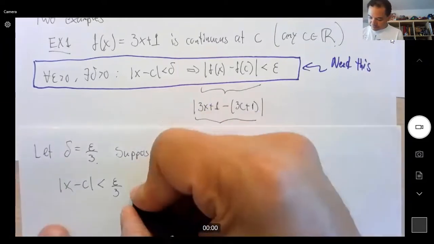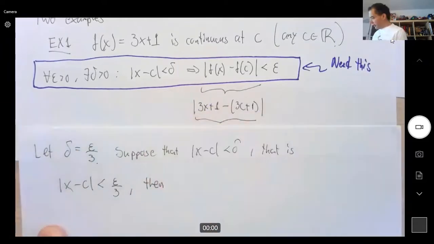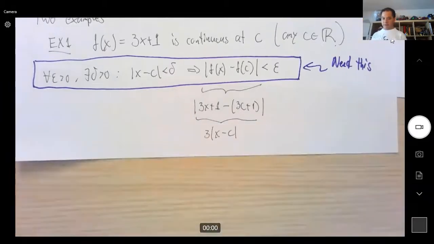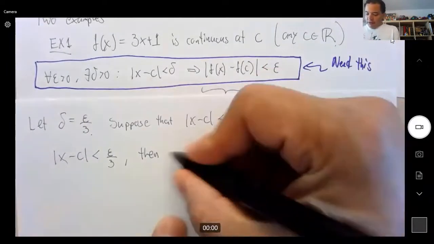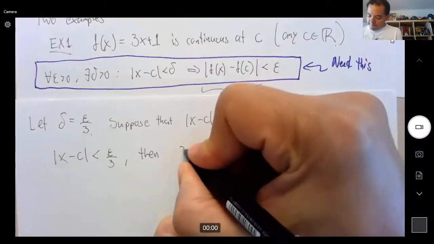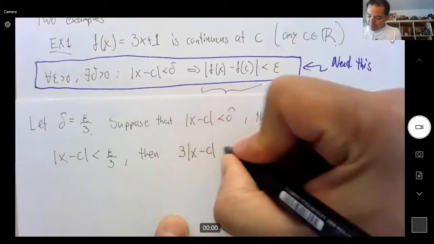Then it follows that if I multiply by 3, I get this.